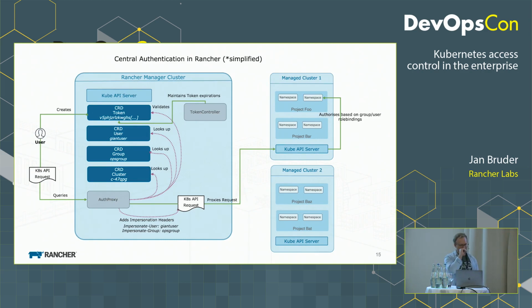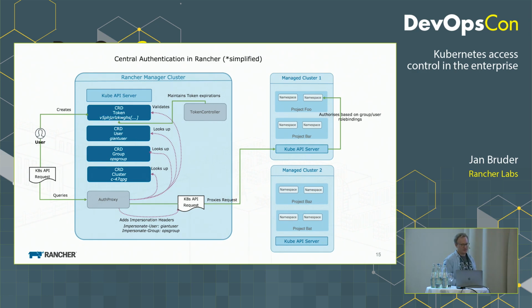So this is how it looks in Rancher. It's actually pretty simple. What you need to know about Rancher is that we use the Kubernetes API as our data backend. We create custom resources that represent users, groups, and other things, and that helps us perform the proxying of authentication.